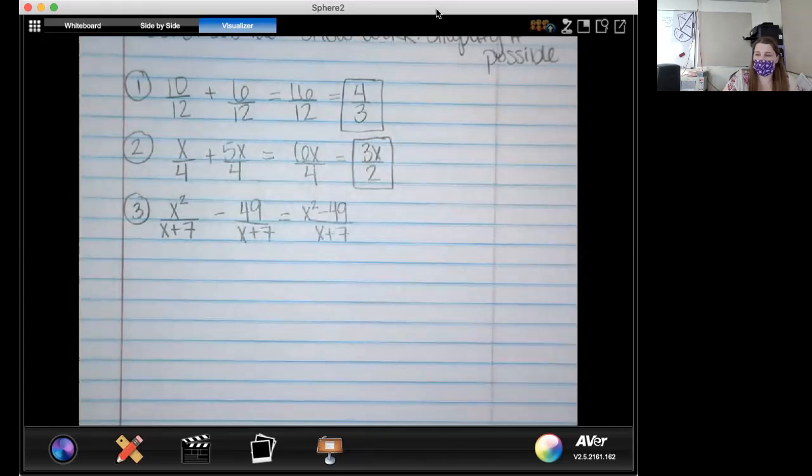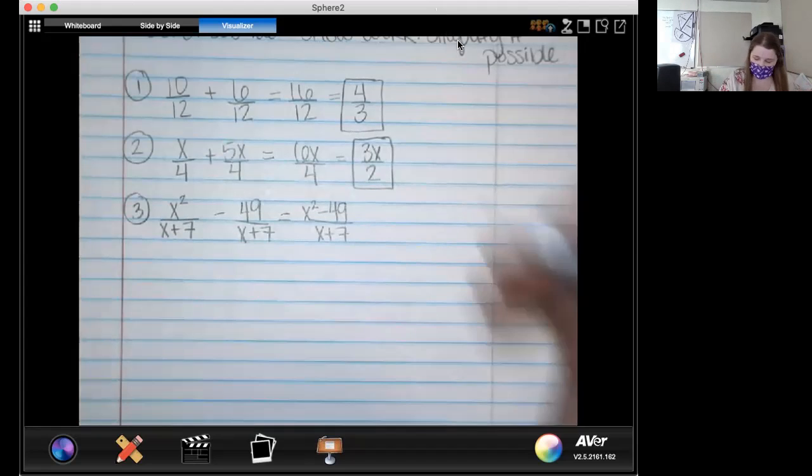How would we go about simplifying this one? What are we going to have to do? Our favorite thing in the whole wide world, what are we going to have to do? We're going to have to factor, which I heard was on the test yesterday, which makes me so happy, because I told you it would be, okay?